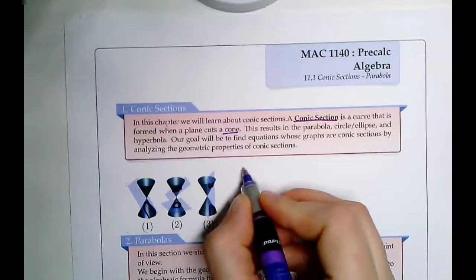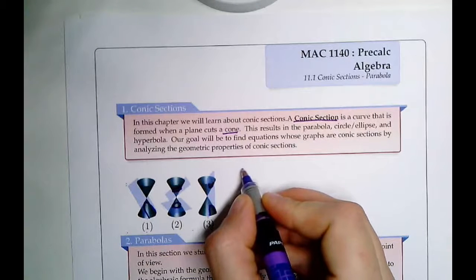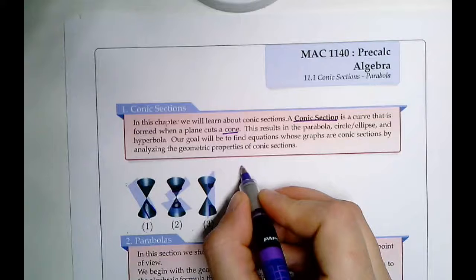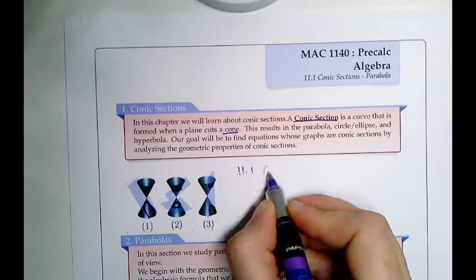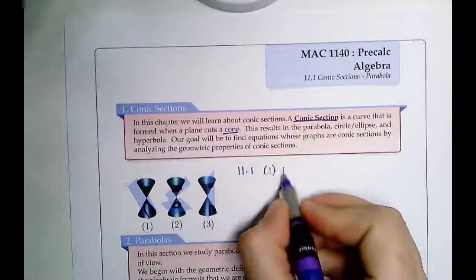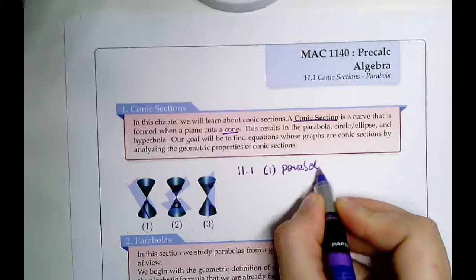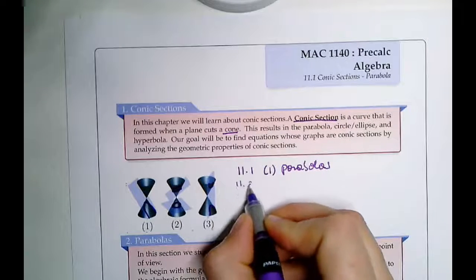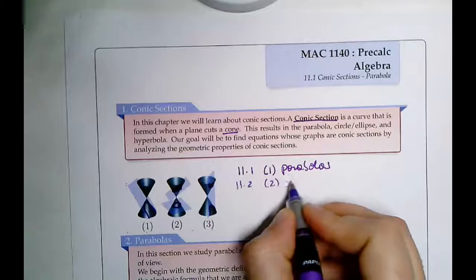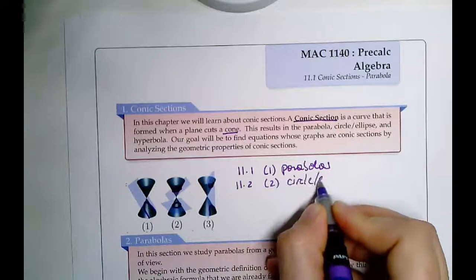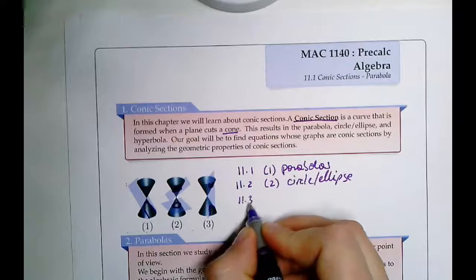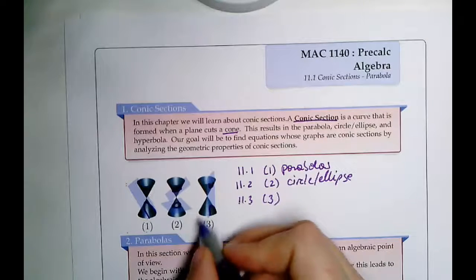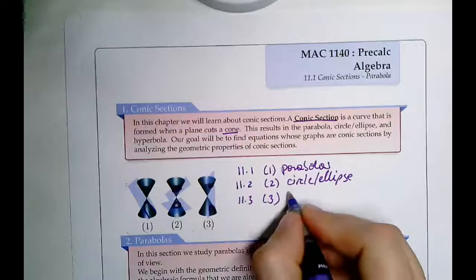So in section 11.1, we're going to study type 1, the parabolas. In 11.2, we're going to study type 2, which are the circle and ellipse. And in 11.3, we're going to do type 3, which is a hyperbola.